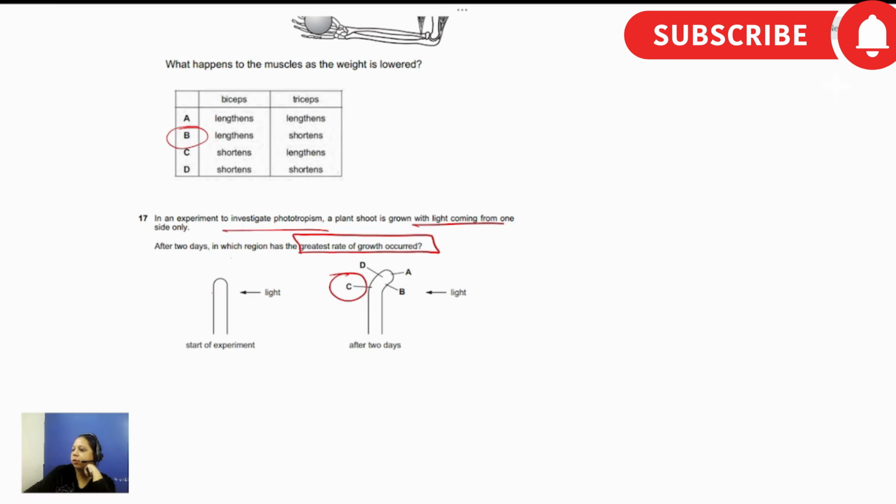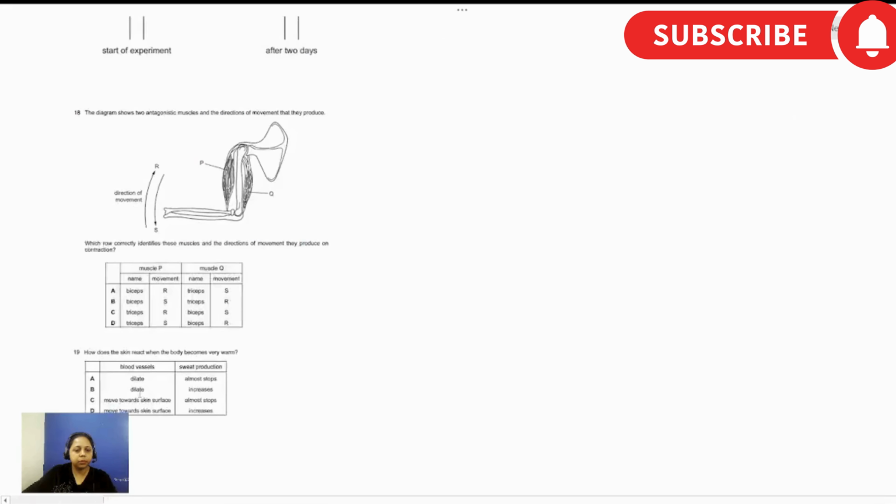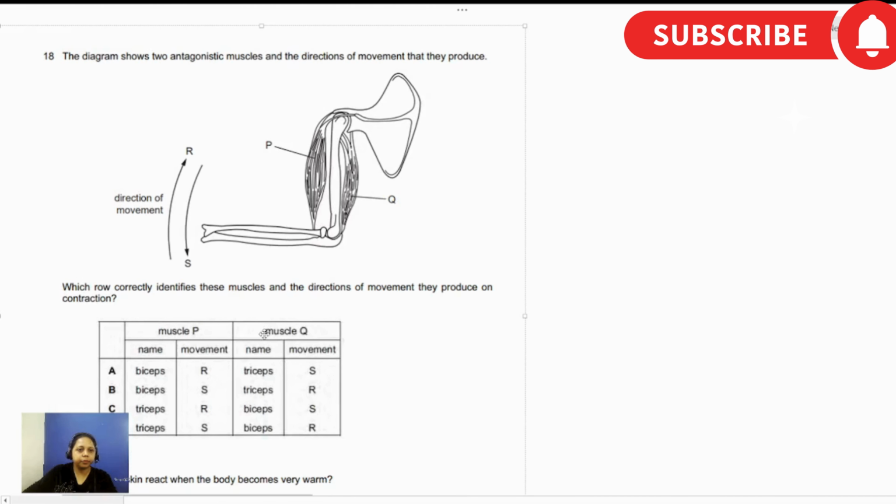Again, a muscle is given. The diagram shows two antagonistic muscles and the direction of movement that they produce. Which role defines these muscles and the direction of movement they produce on contraction? First of all, what is P and what is Q?